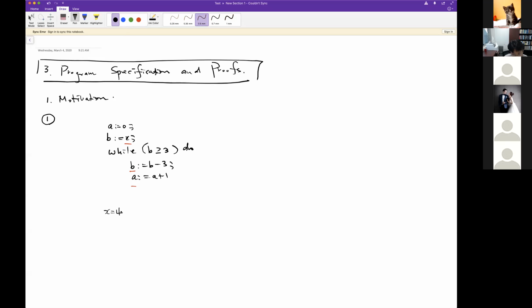So before actually talking about the while logic, if I write down the formal specification of the first program, it can be written like this.